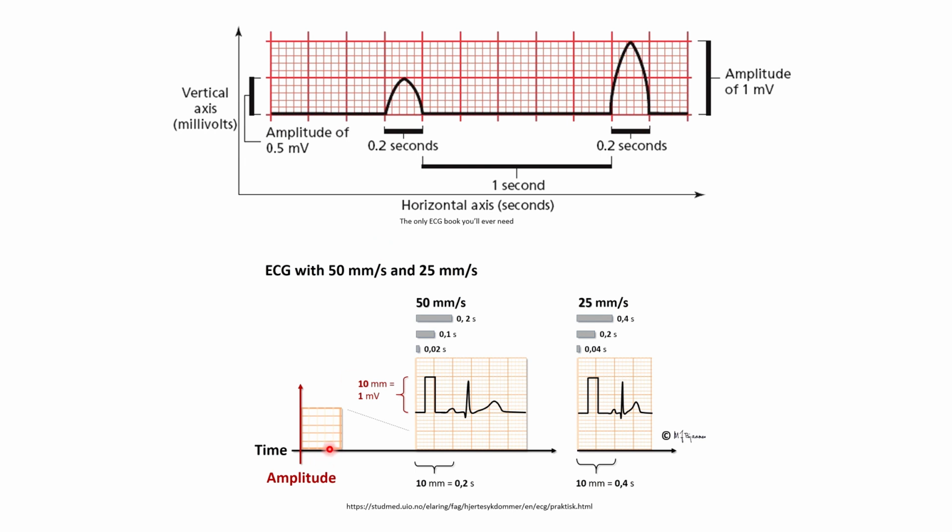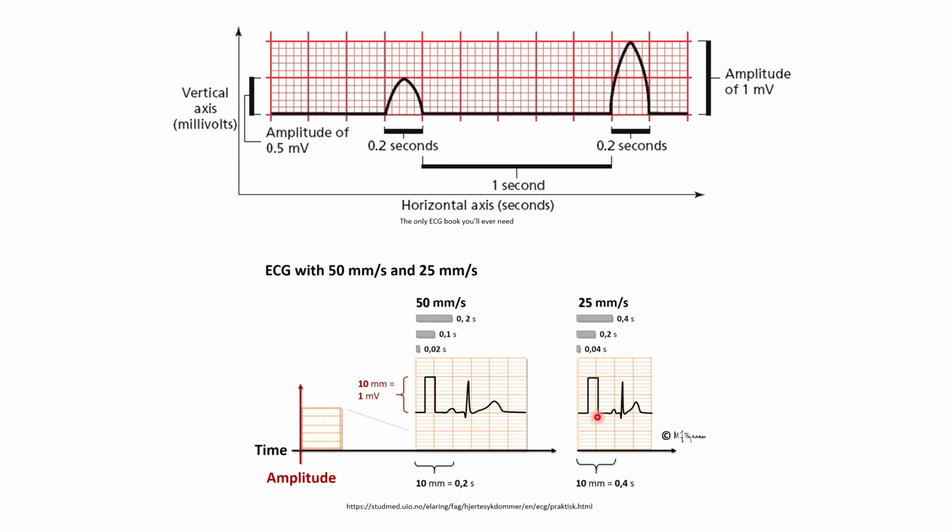We have something called the caliber, like this one in the picture, and we have something called speed. Normally, the caliber should be on 10 millimeter, whereas the speed should be on 25 millimeter per second. And this will be written on the ECG paper; on the ECG machine, you will choose it by yourself. But the standard are 25 and 10.